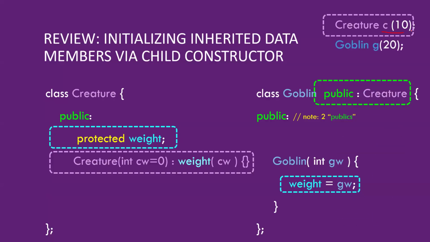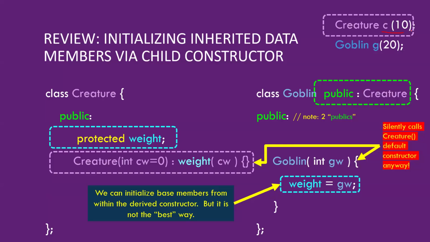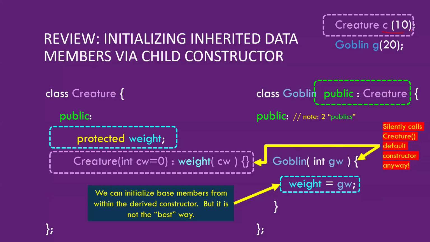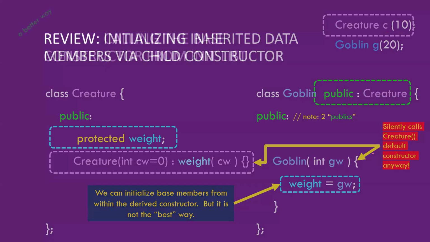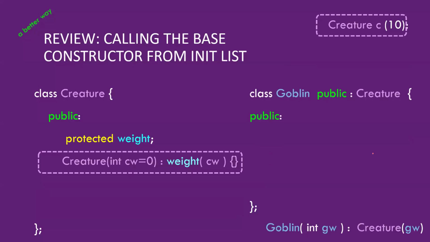So we really probably ought to call the creature constructor like it was a constructor initializer list, okay? So it's better to do it via the constructor initializer list because it's going to call the creature constructor anyway. That always happens. And so if you don't have a default creature constructor, you're going to end up with a problem over here. Okay. So you can get away with that, but it's not ideal.